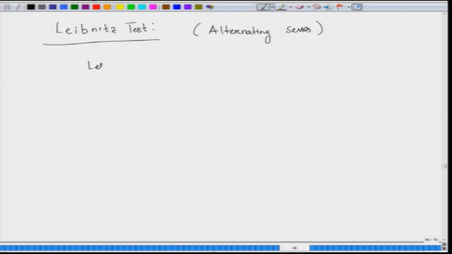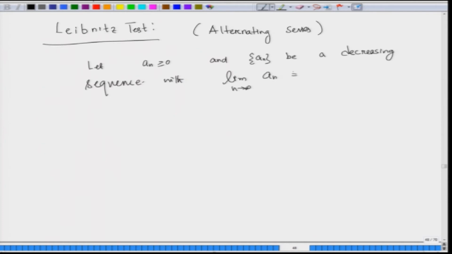Let A n be non-negative and be a decreasing sequence with limit of A n as n goes to infinity equal to 0.